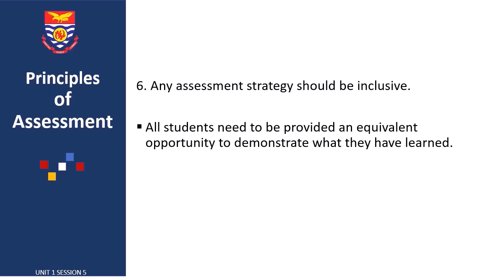So all students need to be provided an equivalent opportunity to demonstrate what they have learned. So it should be inclusive. You don't say this student is sharp, so you like the sharp students more than those who cannot learn fast. Some are slow learners. Some write very fast. Some too are slow writers. So when you are conducting assessment, you should put all these things into consideration.